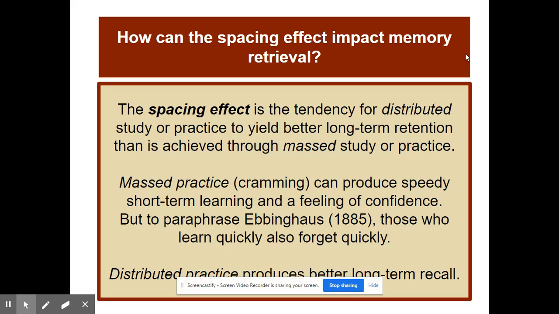The tendency to study throughout time, distributing how much time we spend rather than cramming, yields better long-term retention than cramming. So you have spacing effect versus mass practice. Distributed practice produces better long-term recall. As you get into college, I would suggest that you use the spacing effect as a tool. It will help you do better on your testing.